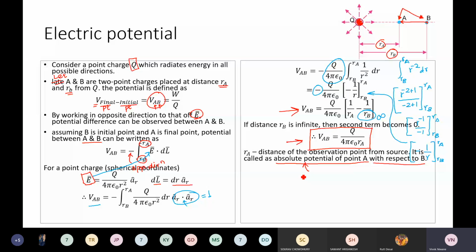So if you are solving a numerical and it says find the absolute potential of point A given as, let us say, 0, 5, 3. So the question becomes, absolute potential, what is it? We don't know. So absolute potential is nothing but simple. You have to calculate the distance of the observation point A from the source. That's it, simple, nothing to think much about it.